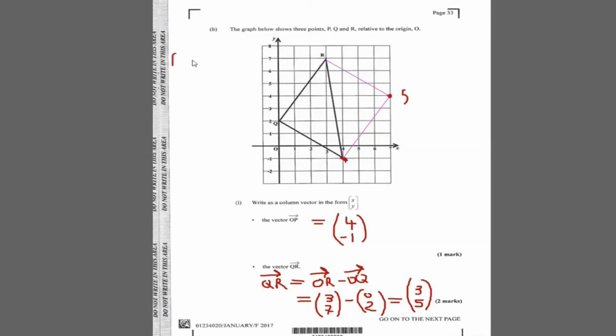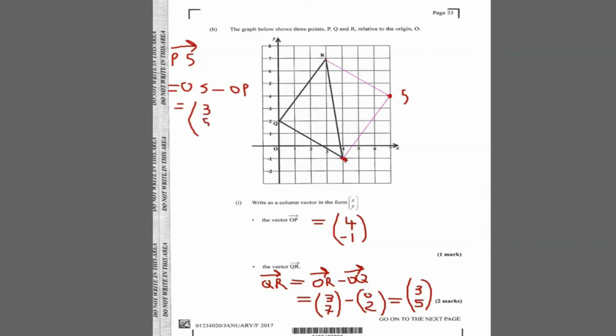Now vector PS is going to be equal to OS minus OP. OS is 7, 4, and OP is 4, negative 1. So 7 minus 4 is 3. And then 4 minus negative 1 is 5.